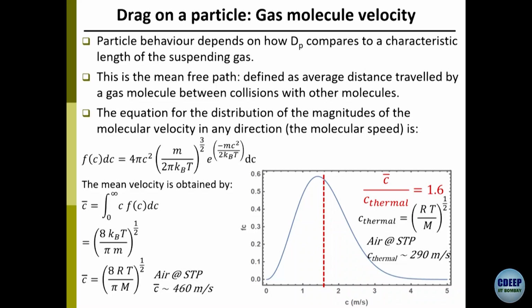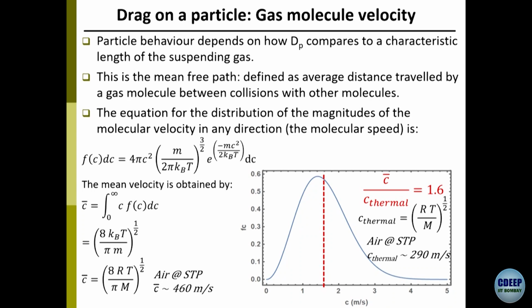Rough orders of magnitude for these are of the order of maybe 300 and of the order of maybe 400, 450. So, you are really thinking of gas molecules as zipping around, really bullet speeds, right. This is what gas molecules are doing.